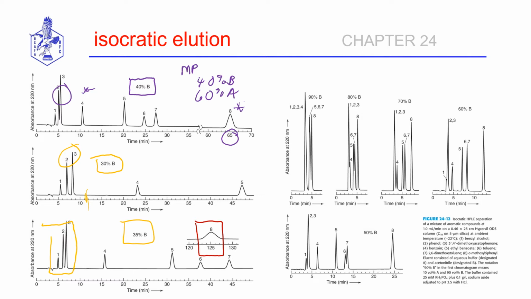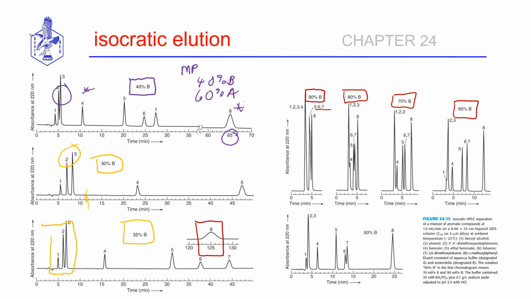Okay, other combinations are illustrated to the right here. So here's where we have 90% B. If I have 90% B, I'm not getting good resolution between 5, 6, and 7. At 80% B, it is still not ideal. Here's 70% B. Here's 60% B. We're getting better.